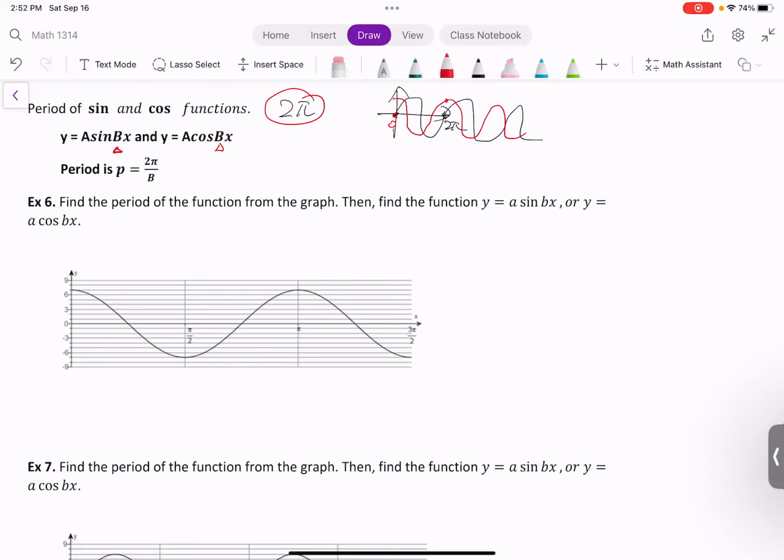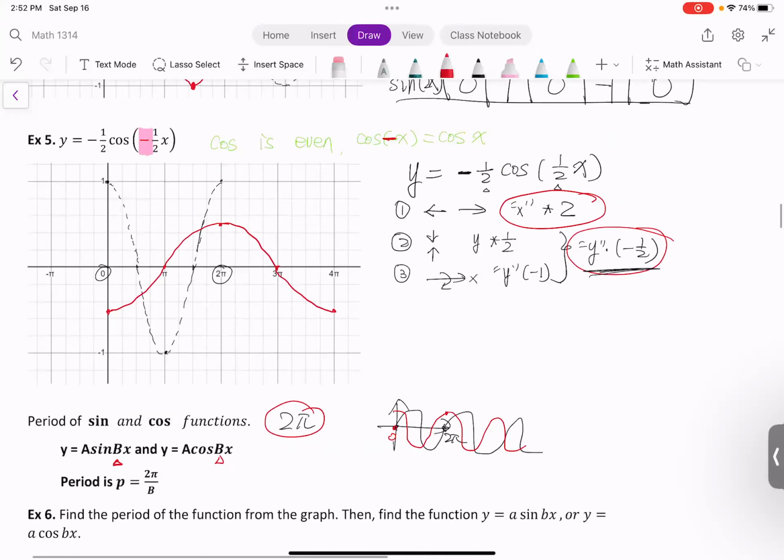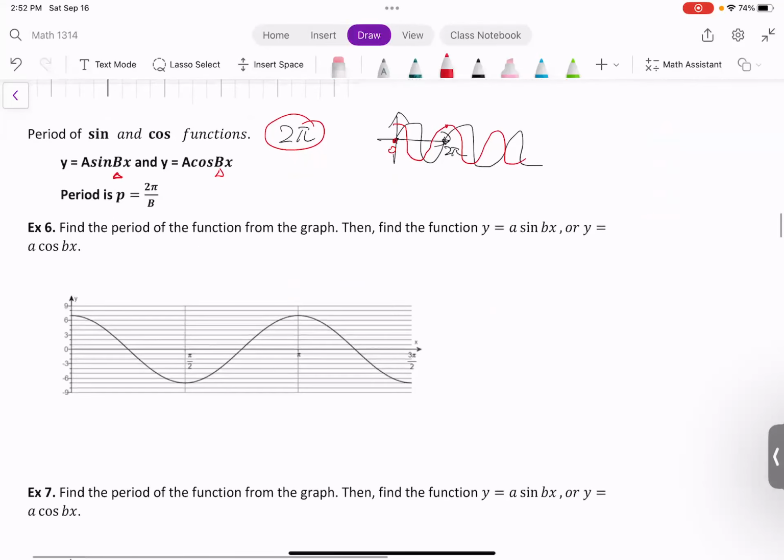If we have the b, as in the previous example, it changes the function's period. You will see from the previous example, from 0 to 4 pi, my period changed to 4 pi.